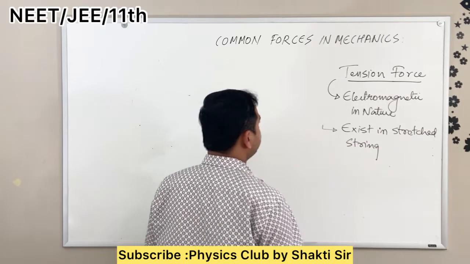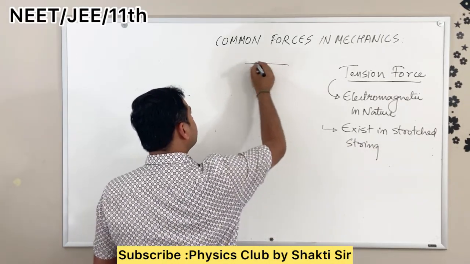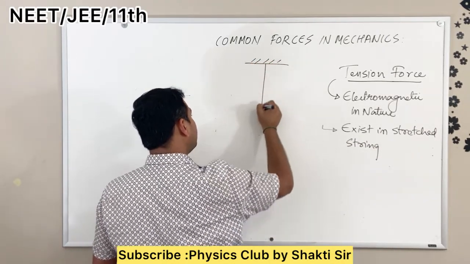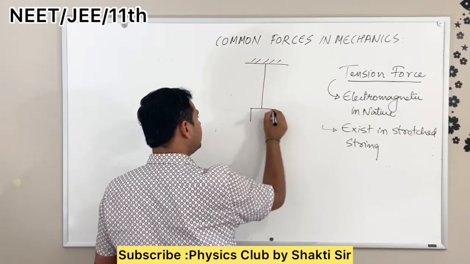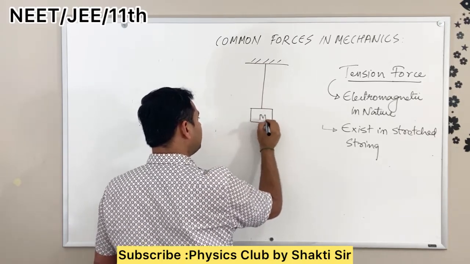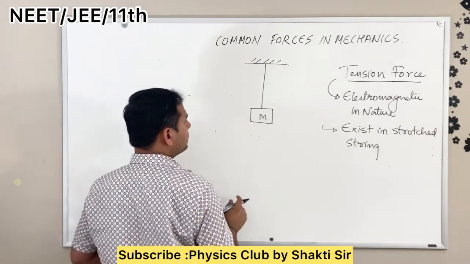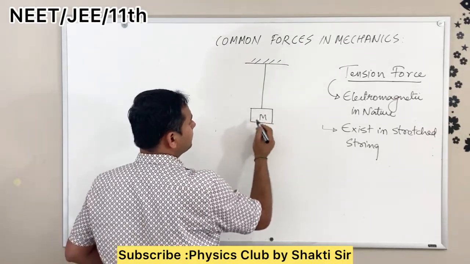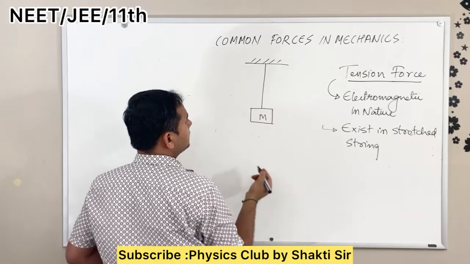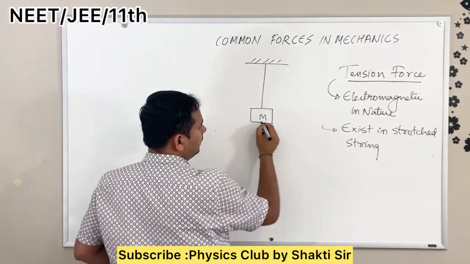Okay, let's see how. Let's say we have a hanger, we have a wire or string, and a block having mass m. Simple example. Now what's going on? Due to this mass, this string is stretched, right?